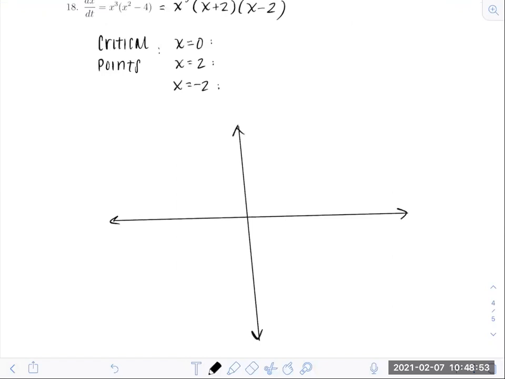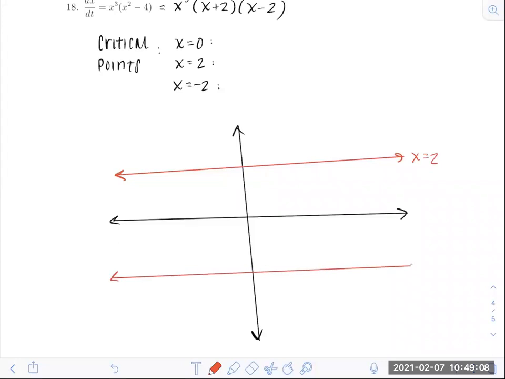And our equilibrium solutions. So we have one coming across at 2, one coming across at -2, and of course, one across the middle.